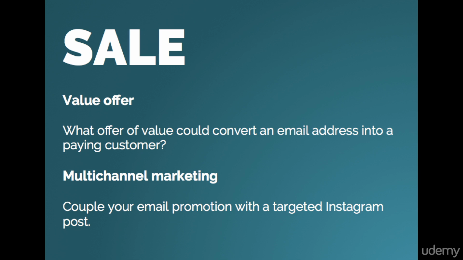So if one of your users who have been through your entire funnel signs up to your email list, logs into their Gmail account and sees your email promotion, they may not be ready to buy yet, but then they log into Instagram and they can see your Instagram post, which is the exact same promotional sale as in the email. They're going to be familiar with it, they're going to think twice, and then they're going to buy. So multi-channel marketing is really cool. You can do this across all your social media platforms and your email address.